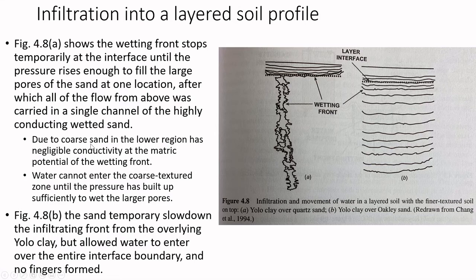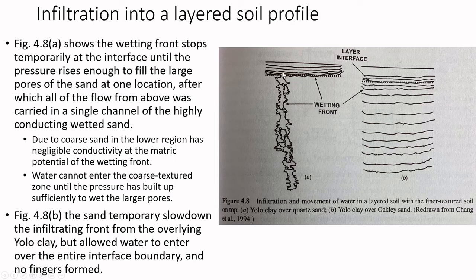So the coarse sand in the lower region has negligible conductivity at the matric potential of the wetting front. So the suction of the wetting front is very high, but the suction will reduce as the water content increases, up to a point that it is significantly low matric suction.